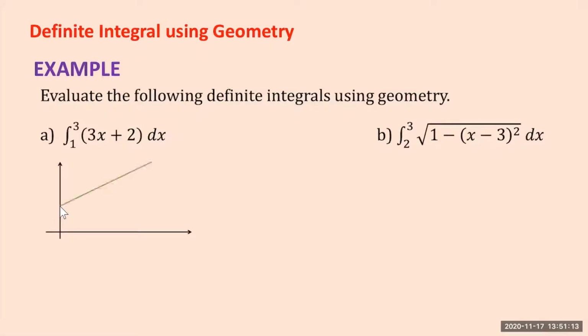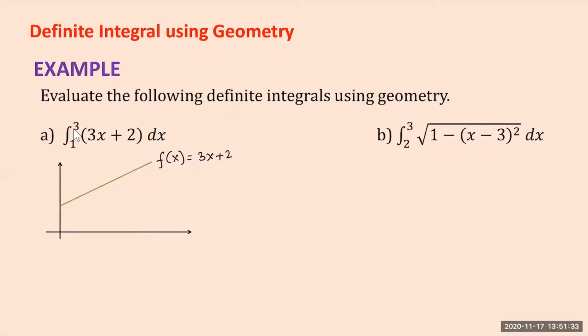That is my function. So that function is f of x equal to 3x plus 2. We need to evaluate the definite integral from 1 up to 3. The definite integral is the same as the area under the curve from x equal to 1 to x equal to 3.